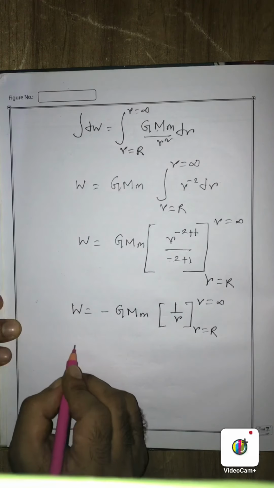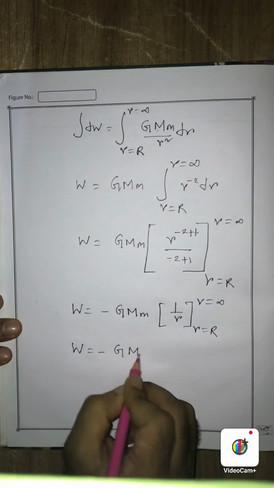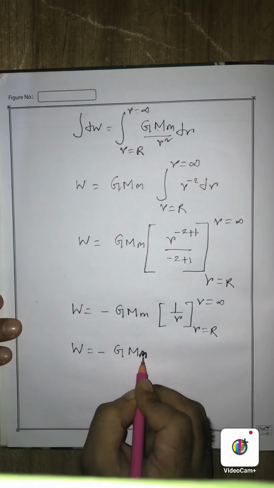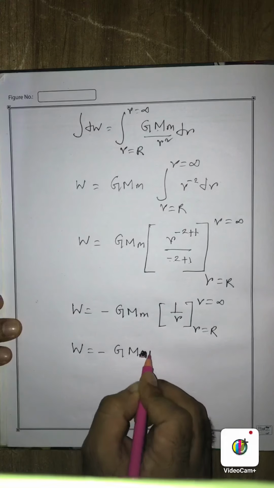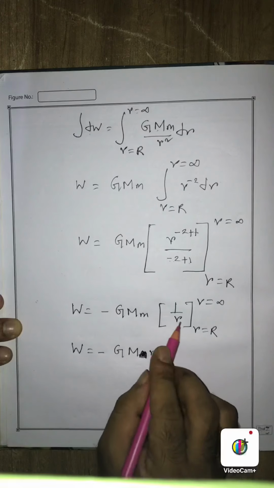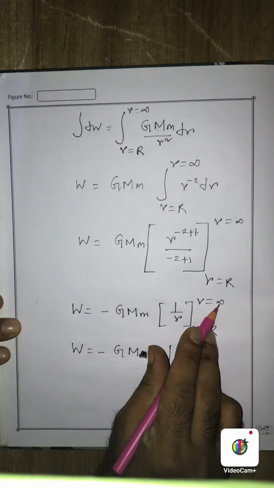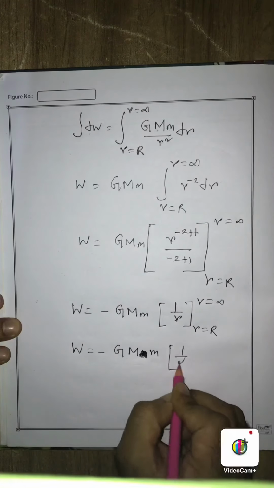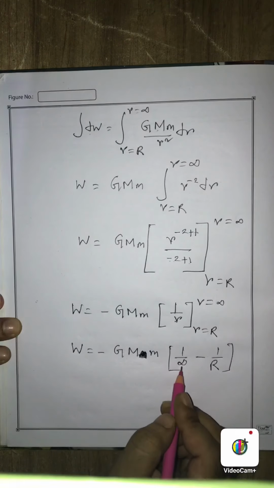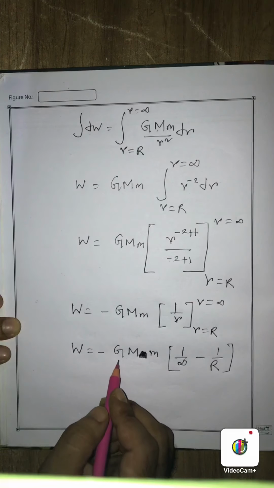Now W equals minus G capital M small m, and small r is replaced by the limits: the higher limit infinity, so 1 by infinity minus 1 by capital R. 1 by infinity means 0, and the minus sign and this minus sign become plus.